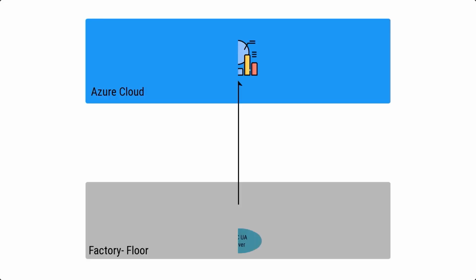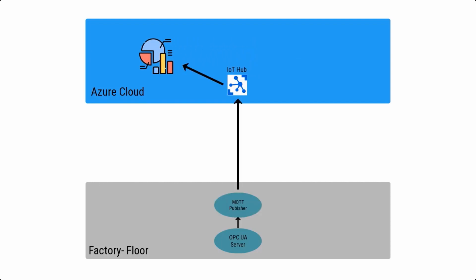The challenge with collecting and analyzing OPC UA data on Azure Cloud is that, first, using a client-server approach to gather OPC UA data from Azure Cloud is a complex and non-scalable approach. Second, if you decide to use a publish-subscribe-based protocol like MQTT to publish OPC UA data to Azure via Azure IoT Hub, its cloud gateway service, then you won't get full MQTT functionality, as Azure IoT Hub is not 100% MQTT compliant.